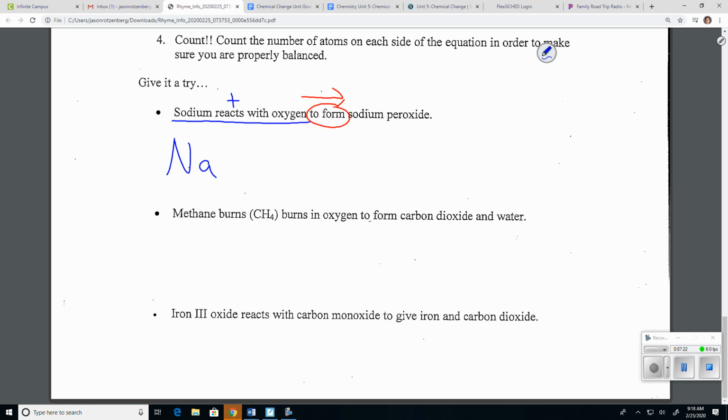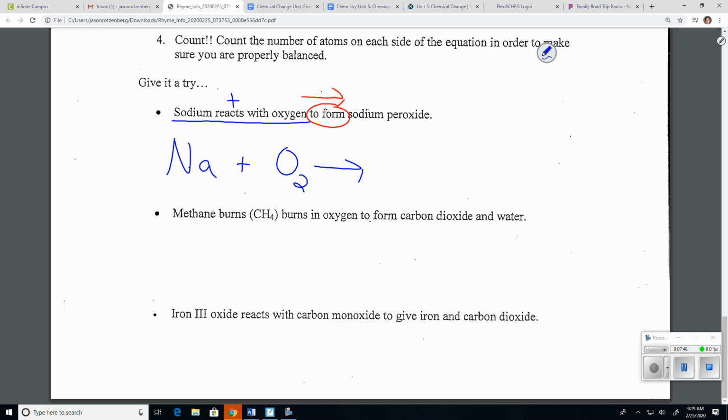Sodium reacts with, means plus, oxygen. Oxygen is one of our diatomics. I've just written my 2 reactants. To form, arrow, sodium peroxide.